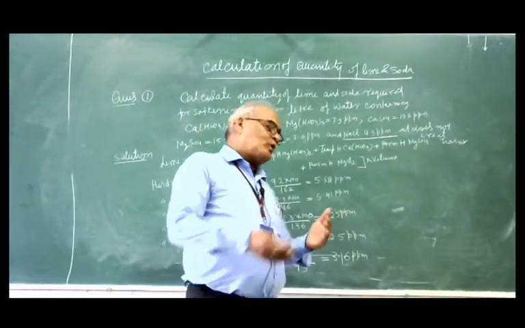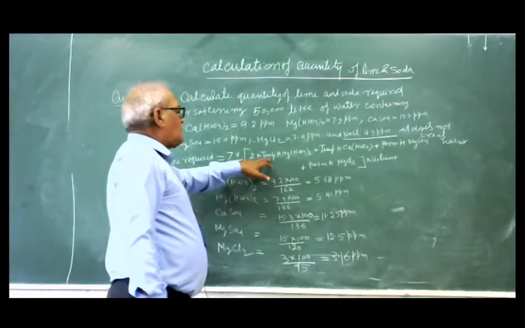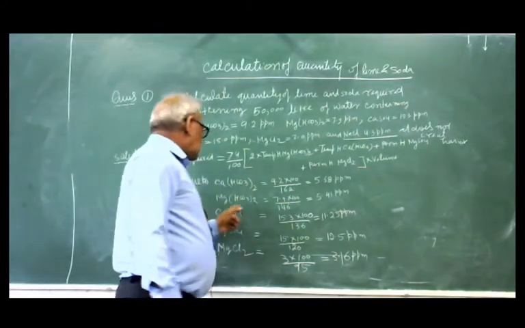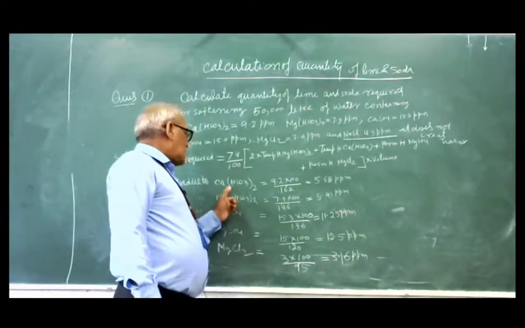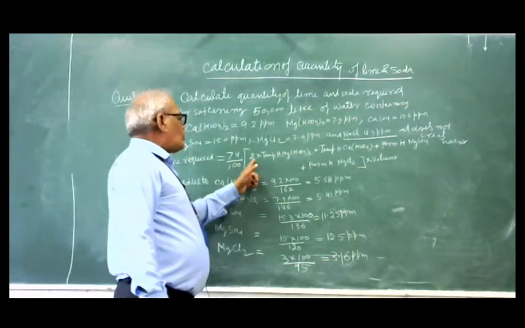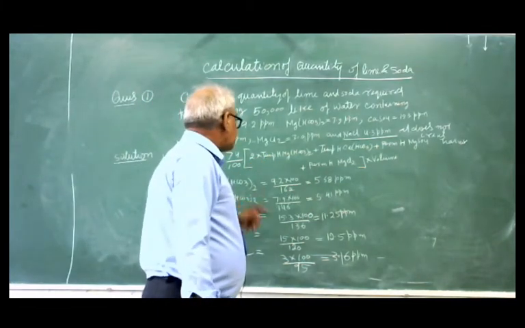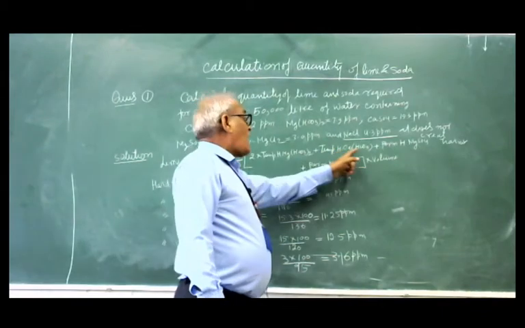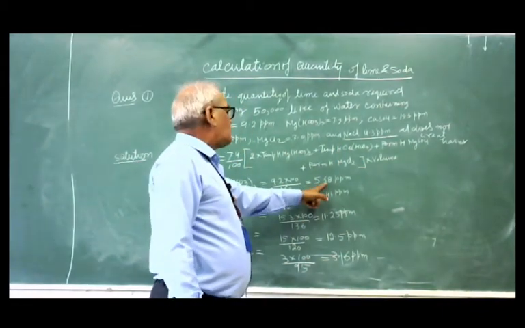So therefore, in calculation, we say here 2 times of the temporary hardness. This is the salt which creates temporary hardness. So 2 times of the temporary hardness of this one, and temporary hardness of the calcium bicarbonate. This is the calcium bicarbonate.